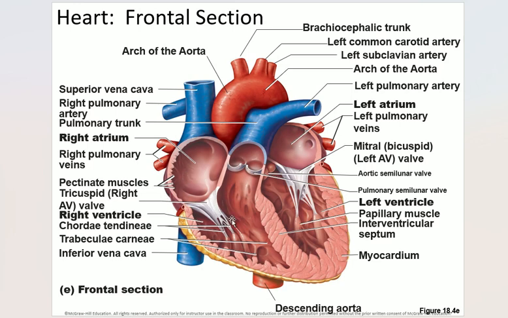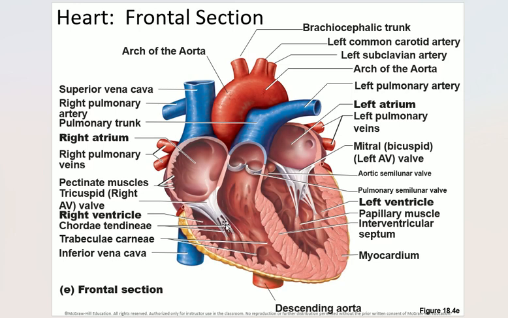So either one is fine in terms of an exam or whatever, but atrioventricular valve is a good one to remember for placement. And then tricuspid versus bicuspid is good to remember in terms of labeling and what you're looking at, right? So tricuspid might be easier to remember, that it's your right atrioventricular valve or your right AV valve, whatever's easier for you.